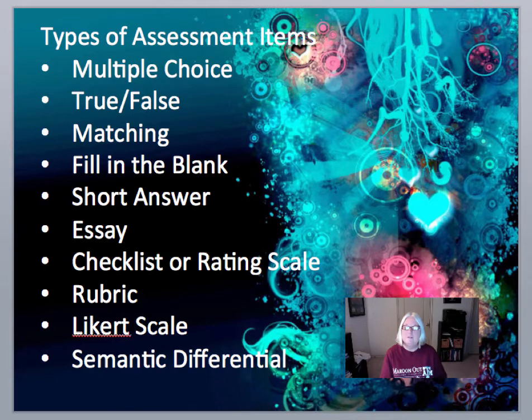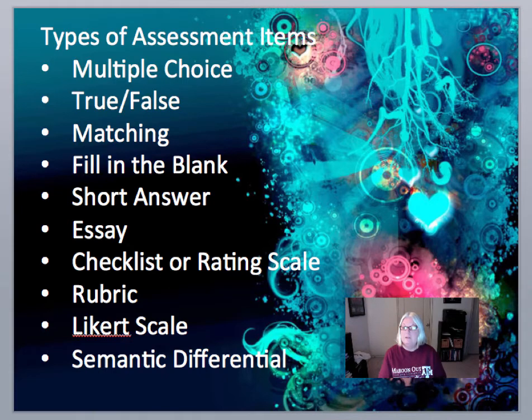So this is a good starting point if you look at table 5.2 of deciding what item type to use for a particular objective. However, when it comes right down to it, the wording of your objective really guides the selection of the item type. You should select the type of item that gives learners the best opportunity to demonstrate the performance specified in the objective.